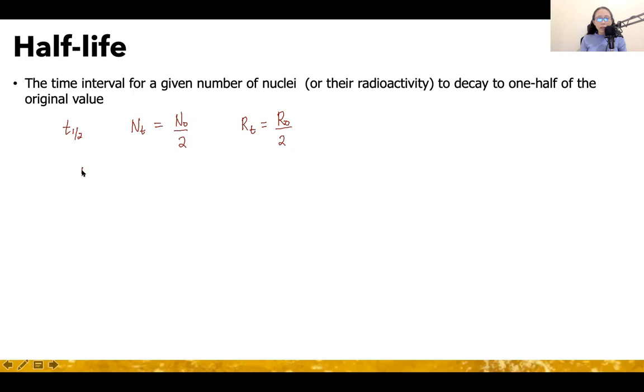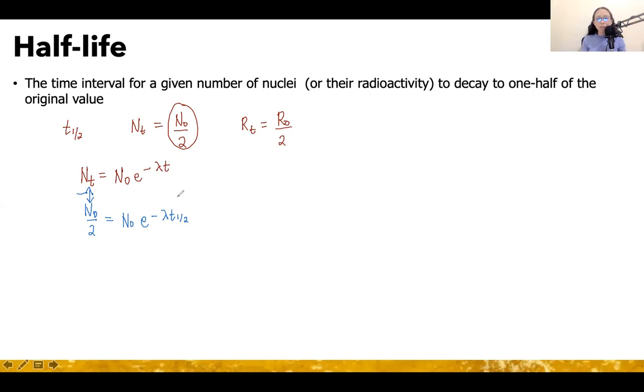So remember, we had this equation in the previous video. Since N sub t is defined as the initial amount divided by 2, we have N sub 0 over 2 equals N sub 0 times e raised to negative lambda times t1/2. This is only possible if we are at the half-life, at that specific point in time.